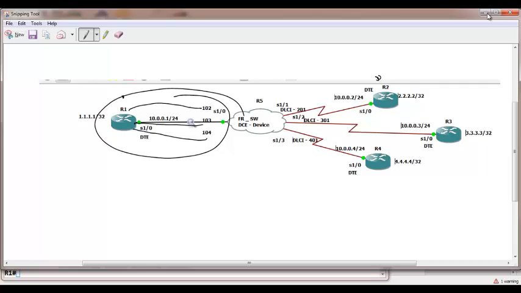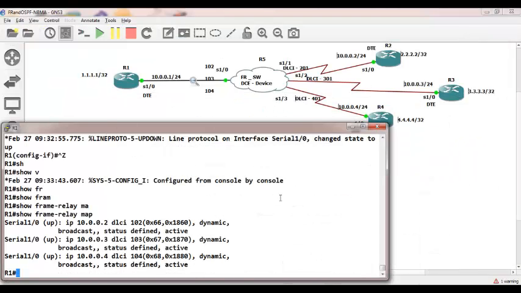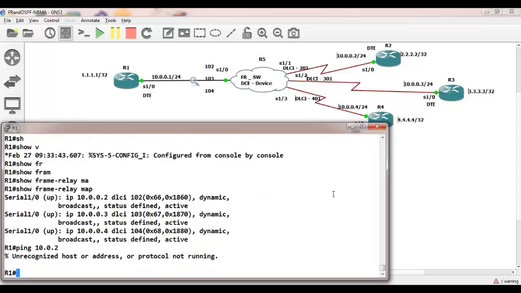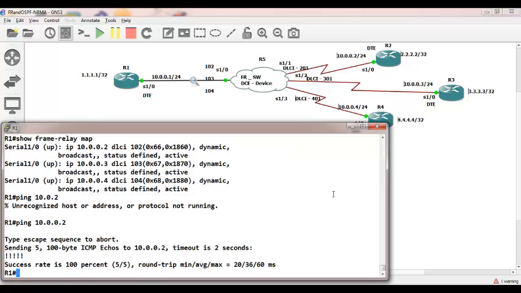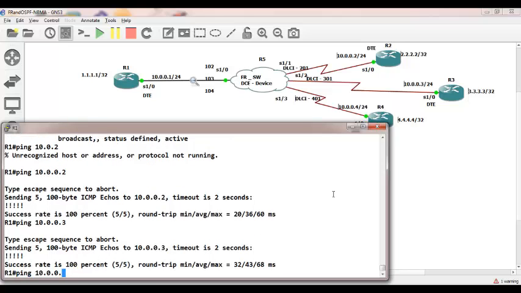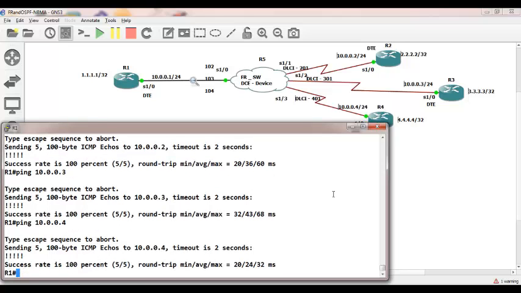Fine. But OSPF will not. Even though router 1 can ping router 2, router 3, router 4 through frame relay, we don't see neighbor.